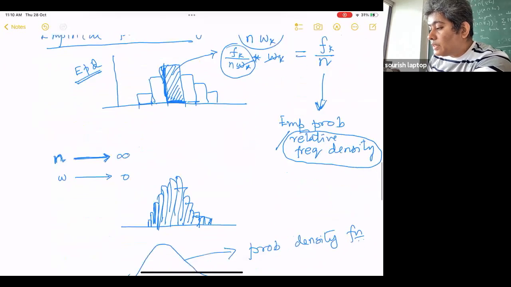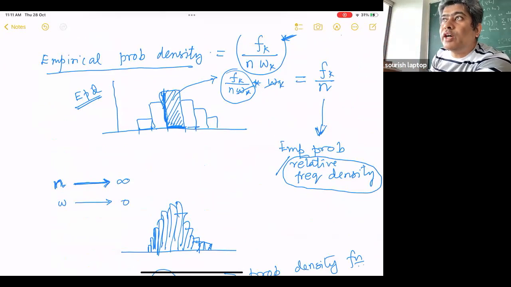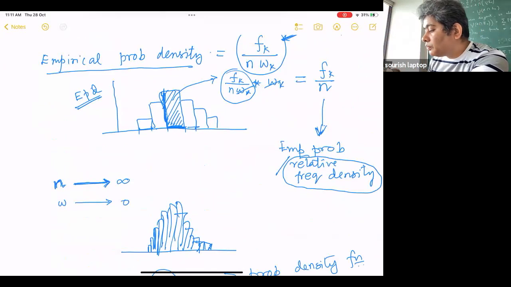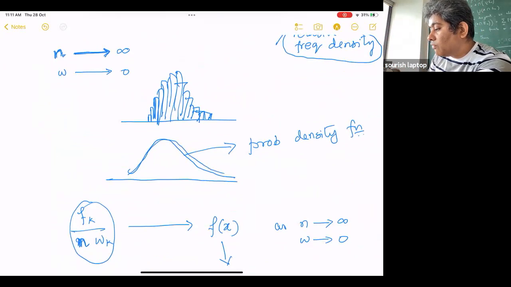The concept is that as we have more and more data, we can have smaller and smaller bins, and that tells us there could be an underlying smooth function.